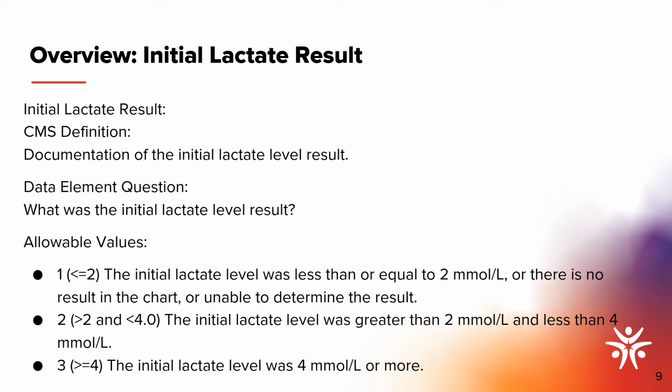The initial lactate level was less than or equal to 2, or there is no result in the chart, or unable to determine the result. Value 2, the initial lactate level was greater than 2 and less than 4. And value 3, the initial lactate level was 4 or greater.